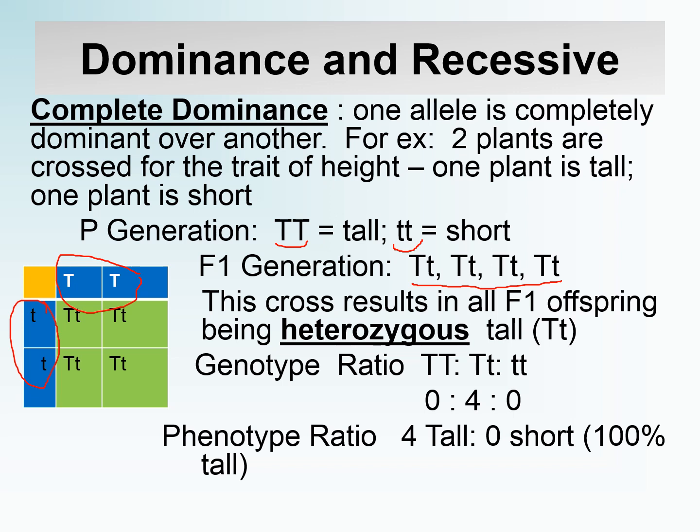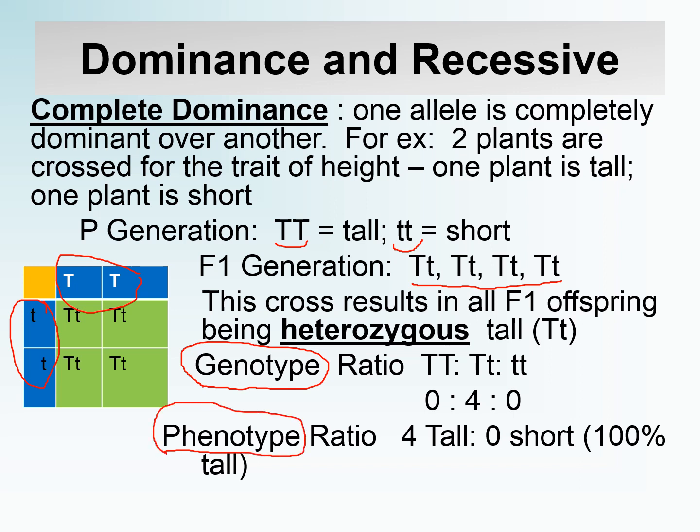Okay, heterozygous, tall. If we look at coming up with a genotypic ratio, remember the genotype, I can't see your genotype. I can't see the genotype of this plant. I can see the phenotype. Remember, phenotype is the physical expression, what we can physically see.